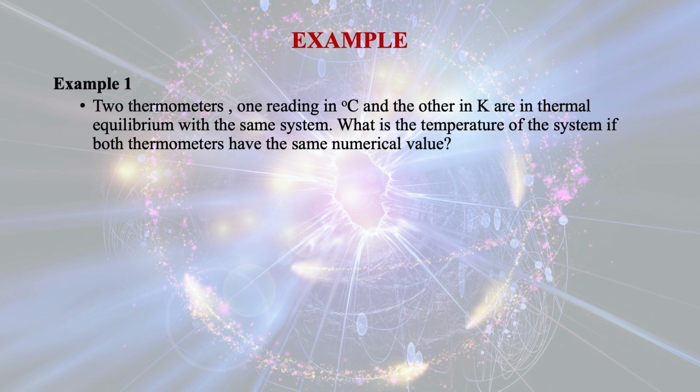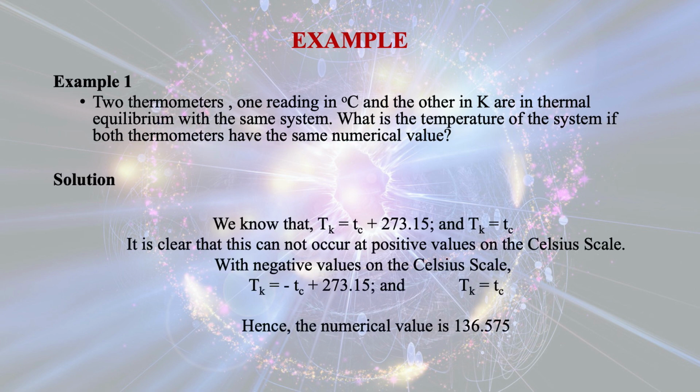We know the relation between degree Celsius and Kelvin: Tk is equal to Tc plus 273.15, and it is given that Tk is equal to Tc. Tc is the temperature measured on the Celsius scale and Tk is on the Kelvin scale.